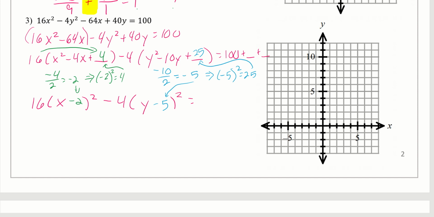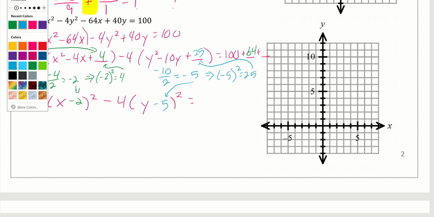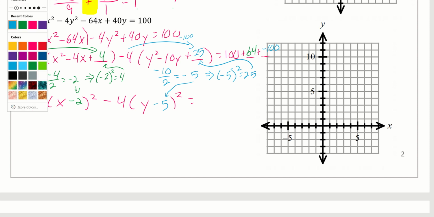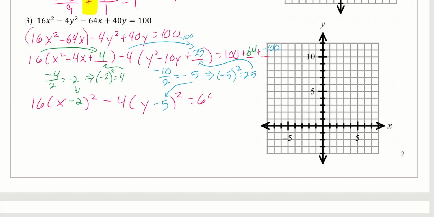Yes, there's a 4, but because of that GCF, this is actually 64. Same thing for the second term, but this is negative 4 times 25, which gives me negative 100. So I'm going to add negative 100. And I put all that together, so 100 plus 64 minus 100 would just be 64.